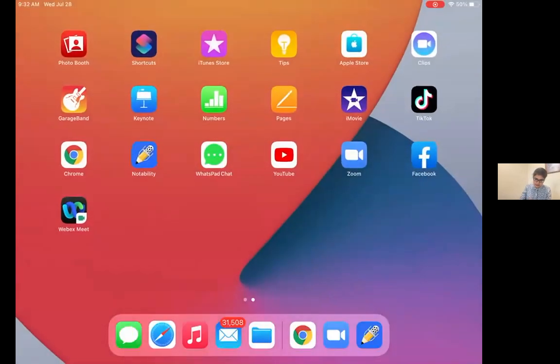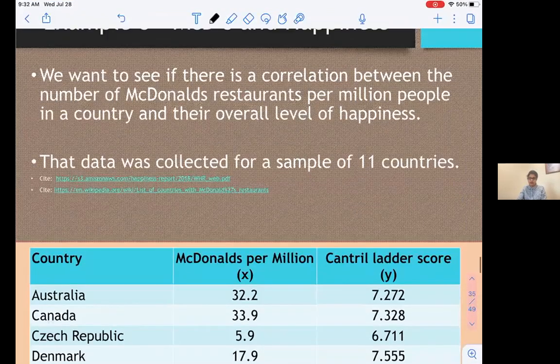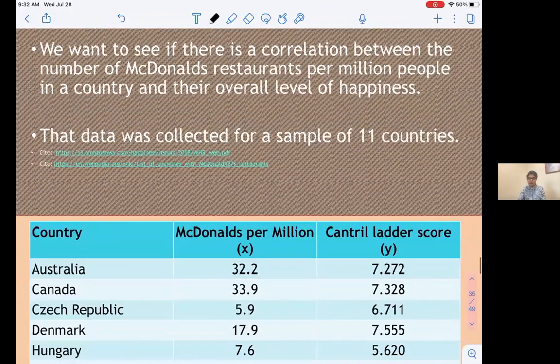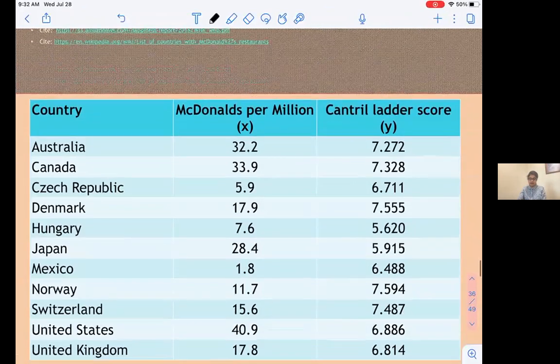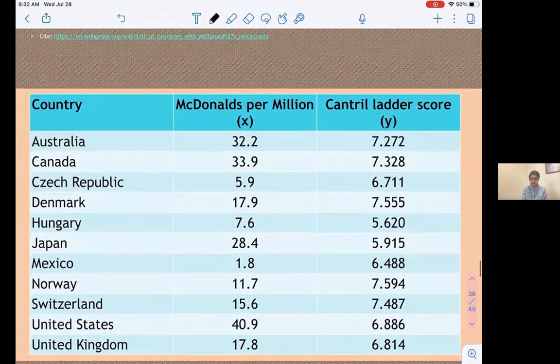So the McDonald's per million, like the number of restaurants. Sorry, this is opening in the wrong way. So what they have here is how many McDonald's they have in a country per million people, for 11 different countries. In Australia, they have 32.2 McDonald's restaurants per million people.